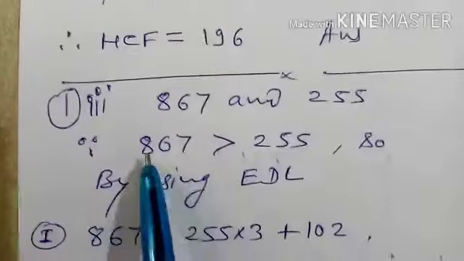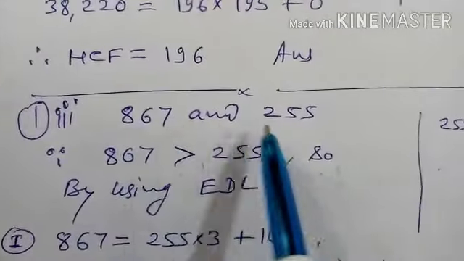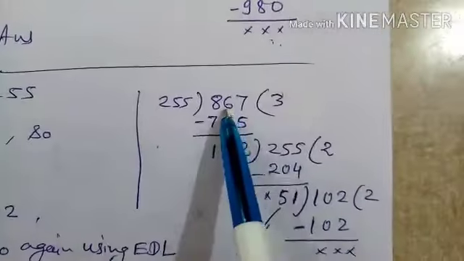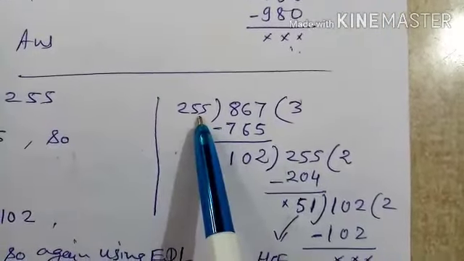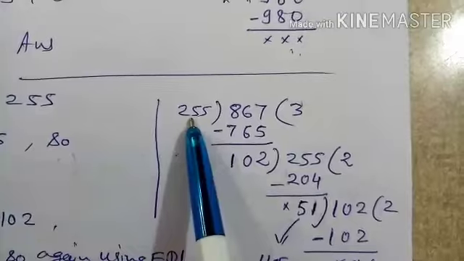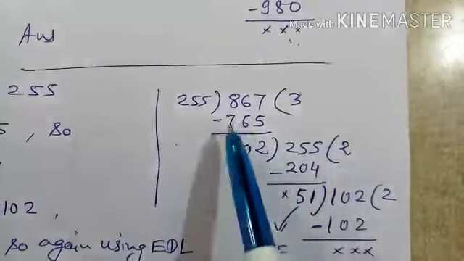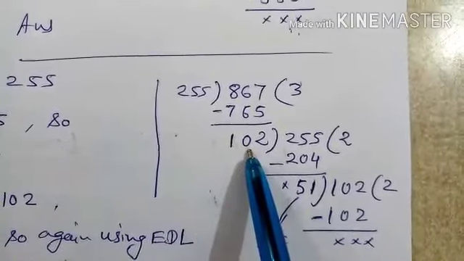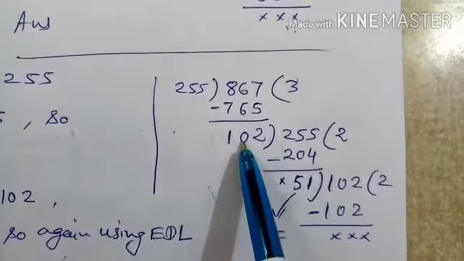Now the next, third part, 867 and 255. First, 867 divided by 255. 255 into 3 is 765, and their difference is 102. This is the remainder.